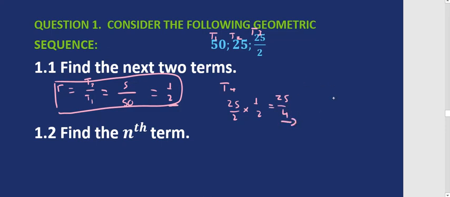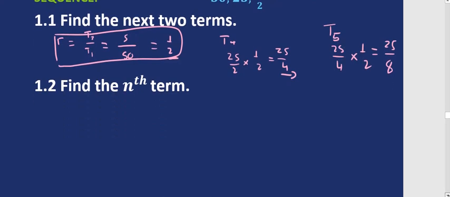And then to calculate term 5, we would take term 4 and also multiply it by the common ratio, which would give us 25 over 8. Okay, so let's answer more questions.